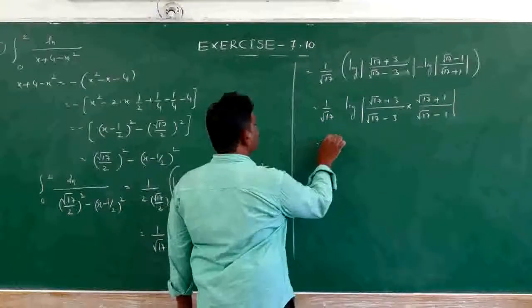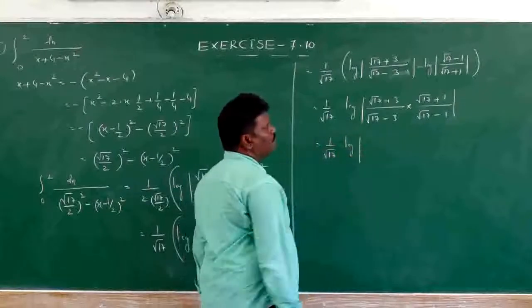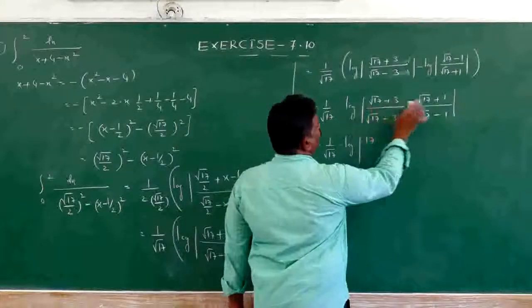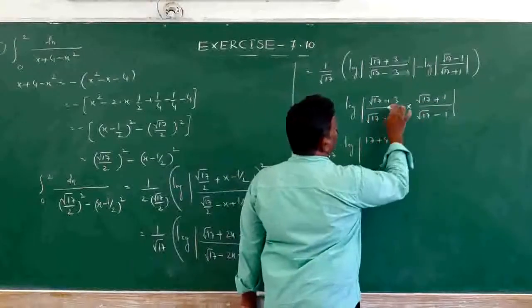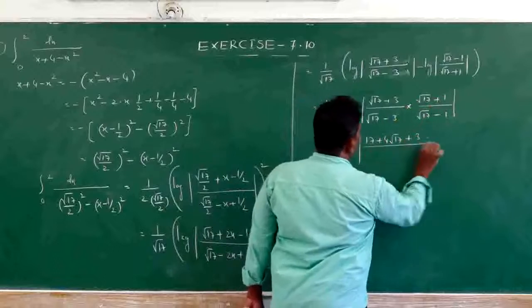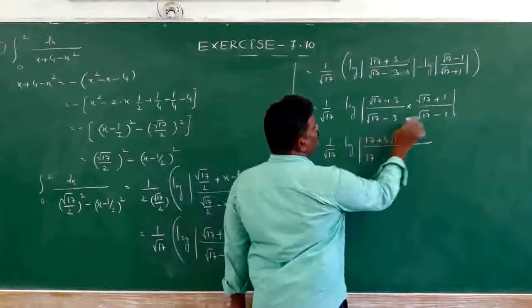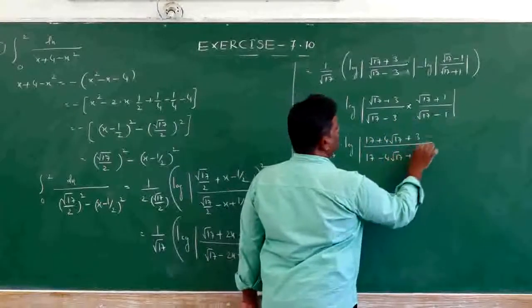Now if you find out this value, 1 by root 17 into log of root 17 into root 17, 17 plus 1 into root 17, 3 into, next 4 into root 17, 1 into 3 plus 3 by again this value root 17 into root 17, 17 minus 4 root 17 plus 3 value.